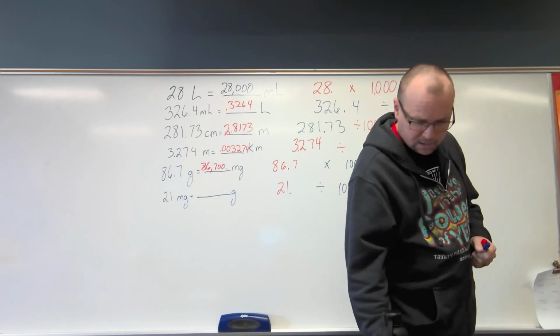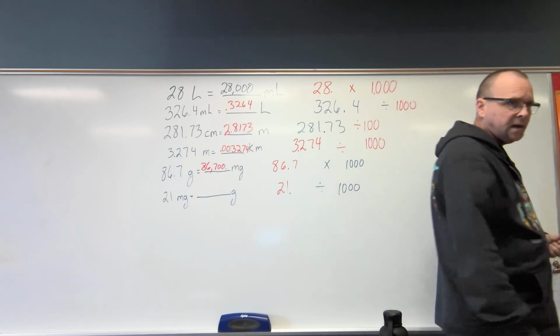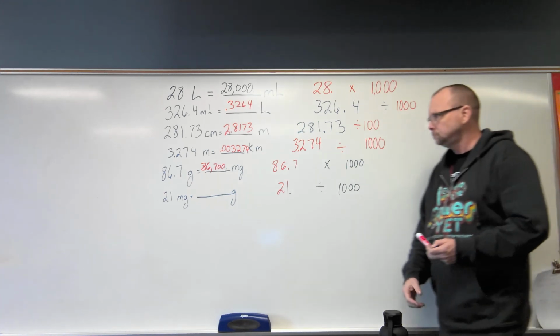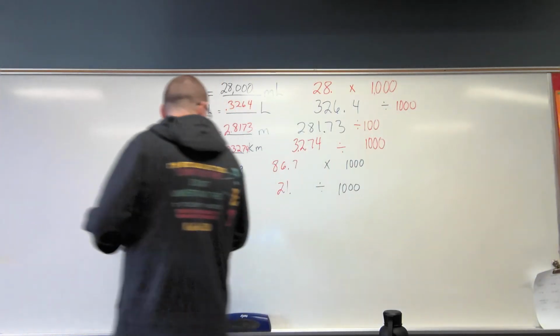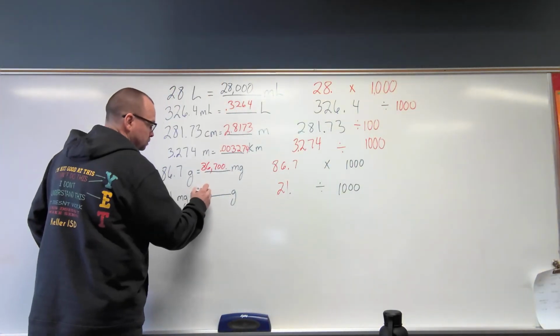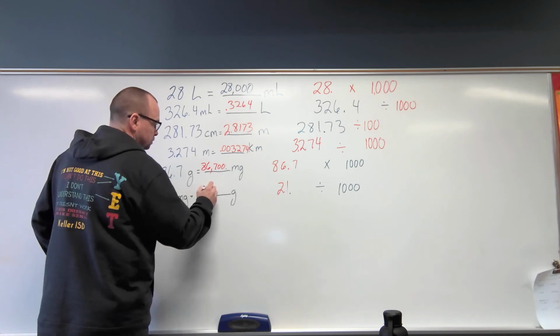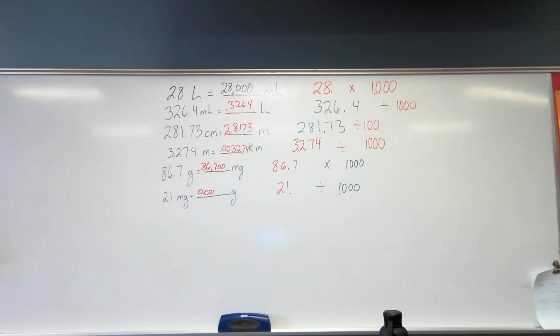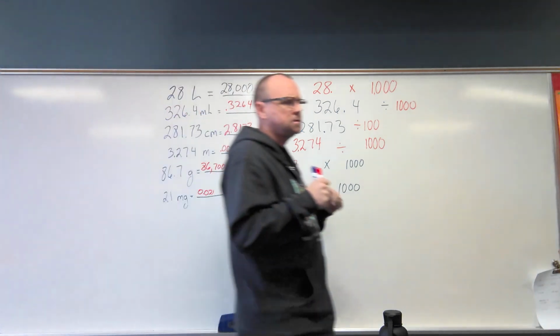Eli A, 21 divided by 1,000. 0.021, or as we say once we get out of diapers, 21 thousandths.